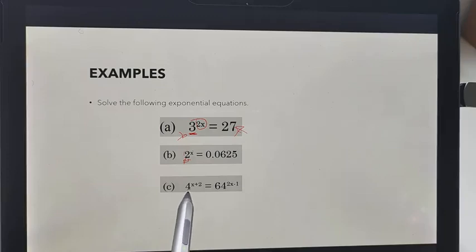The same applies there. We have 4, and our power is x plus 2, is equal to 64 power 2x minus 1. So this is the base, and that is the power. Our main duty today is to make sure that we find the value of that exponent, that power which is unknown.